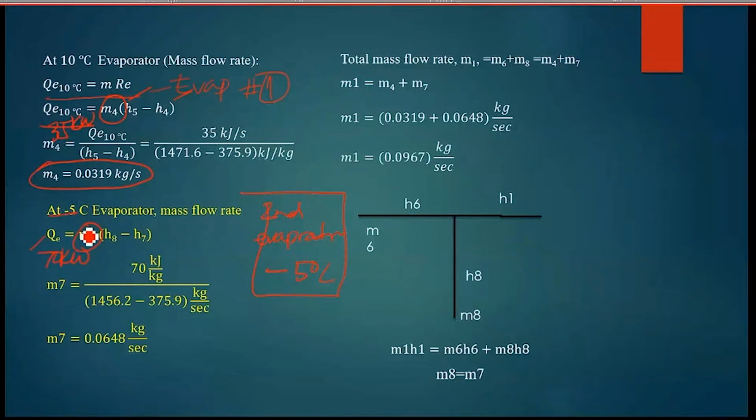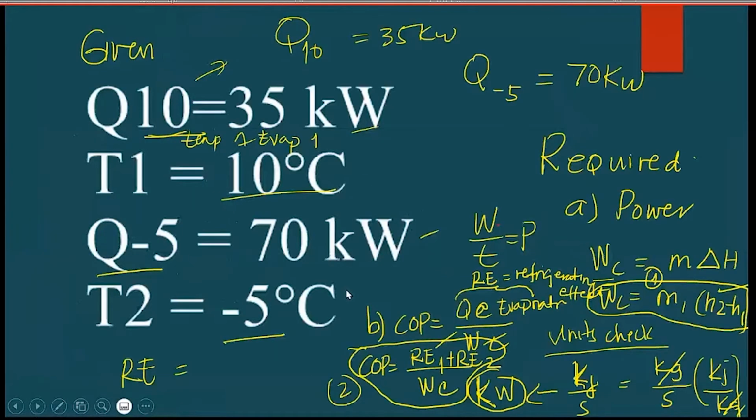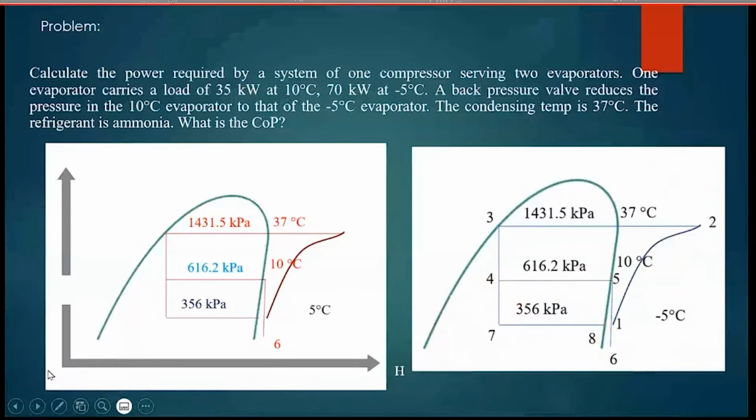This M7 is the mass flow rate entering evaporator 2. Let me clear this up. This is evaporator number 2, the entrance is 7, so our mass should appropriately be designated as M7.